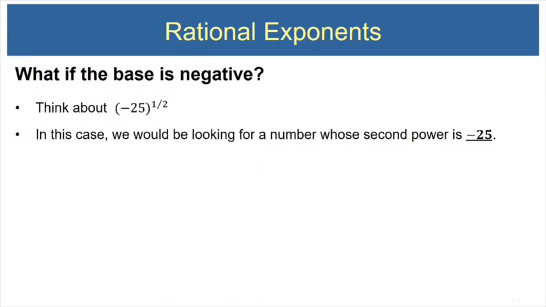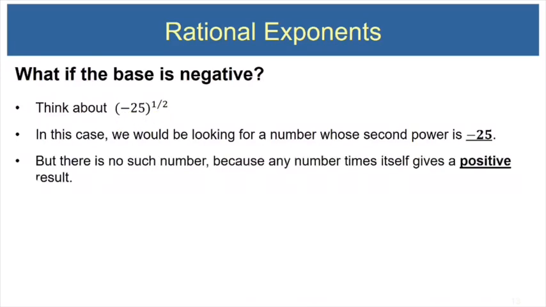In this case, we would be looking for a number whose second power is negative 25. But that doesn't make sense, because if you square a number, you get a positive. There aren't any real numbers whose second power is negative 25. Any number times itself would give a positive result.